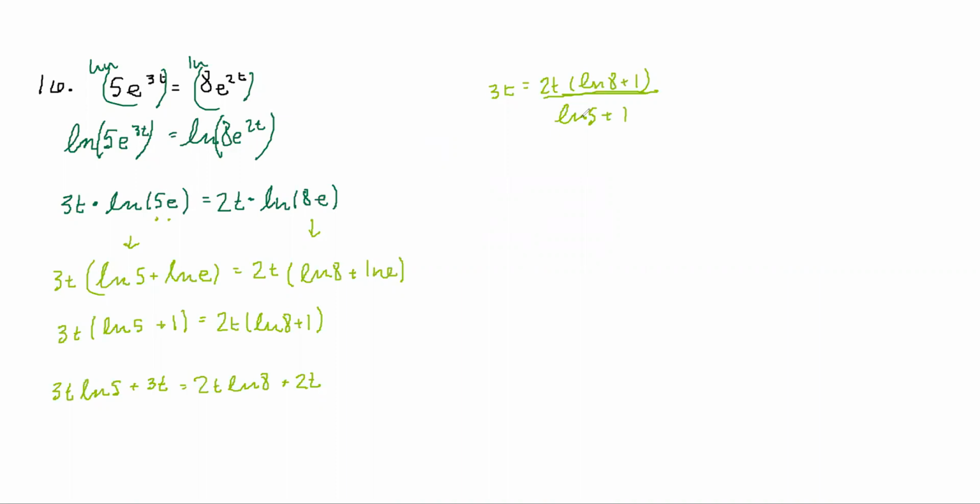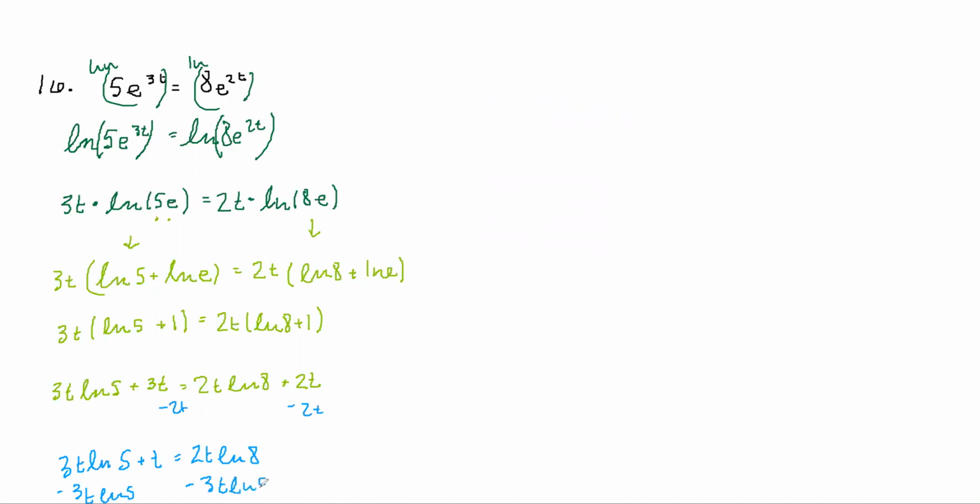So we're going to keep going on this vein right here. We're going to turn this into minus 2t, minus 2t. So we'll end up with 3t ln 5 plus just t is equal to, here we go, 2t ln 8. Then let's subtract 3t ln 5, minus 3t ln 5.